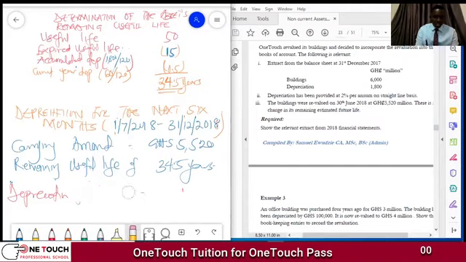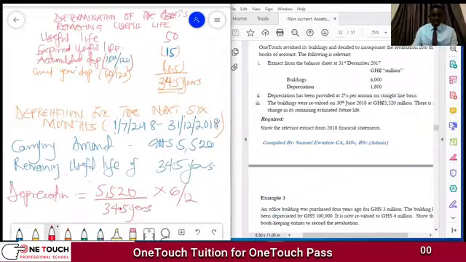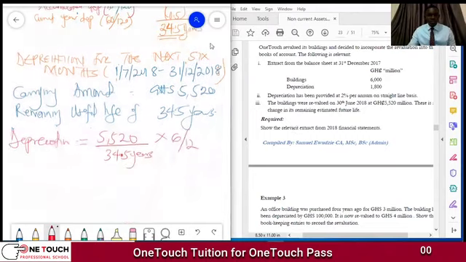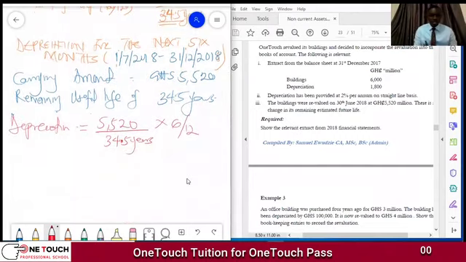So the depreciation charge for the next 6 months is equal to 5,520,000 divided by 34.5 years times 6 on 12. Okay, times 6 on 12.